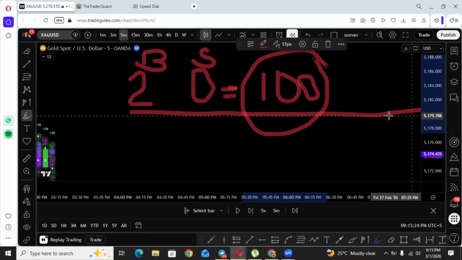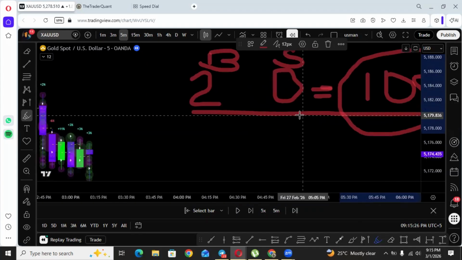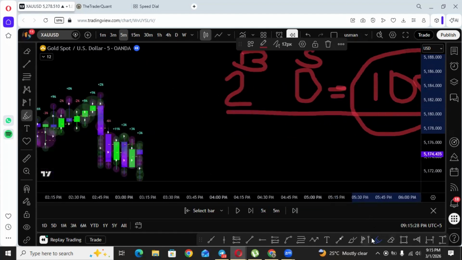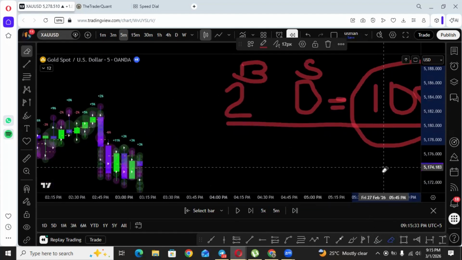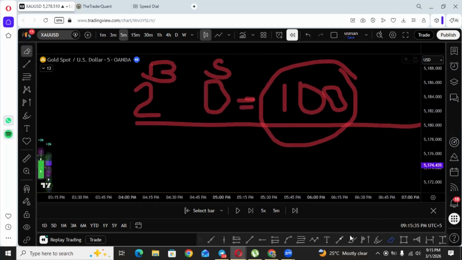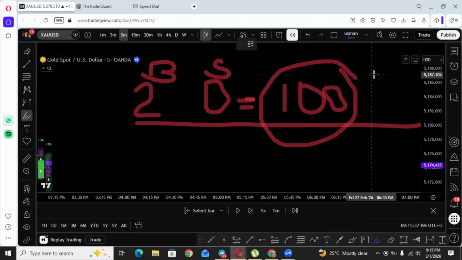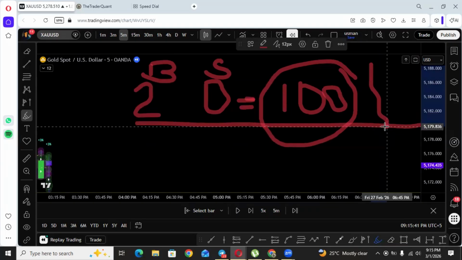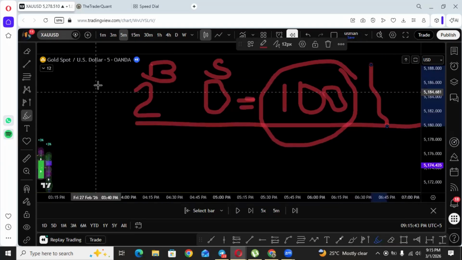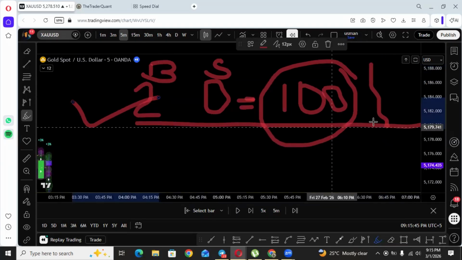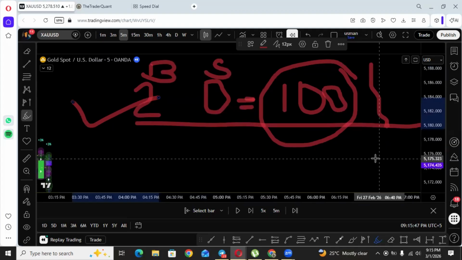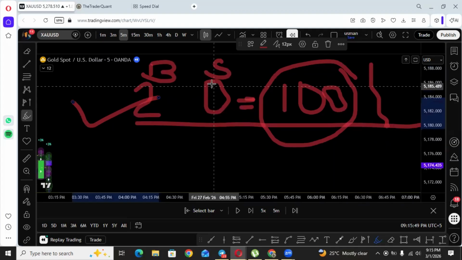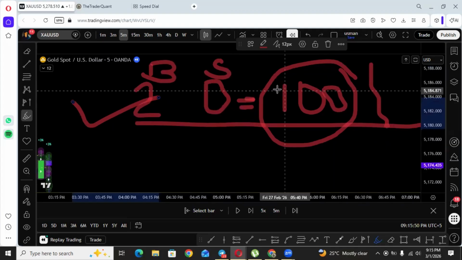If after some time price comes down to this price level, do you think these two buyers will protect it? No, because just because there are no sellers, it becomes a 100% imbalance.